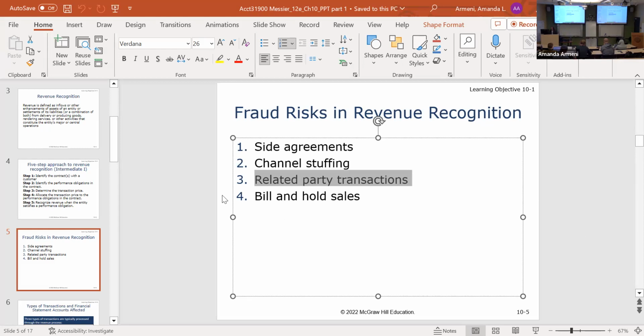Okay. So jumping back up to number 2, channel stuffing. Channel stuffing is basically where we convince our customers to purchase way more than they could ever probably use. The reason for that is we're trying to meet a revenue target within this quarter or within this fiscal period.